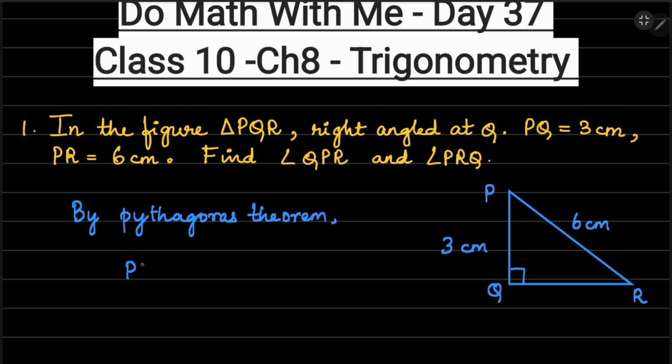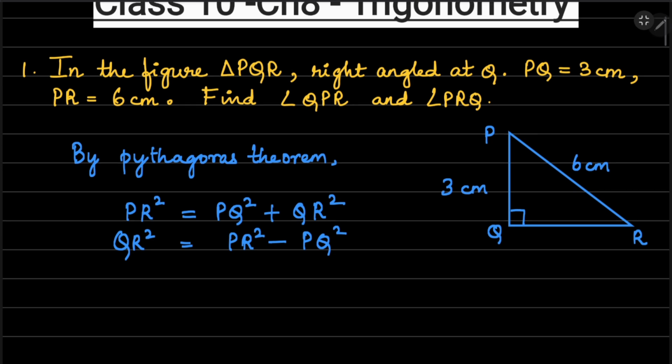we know that PR square is equal to PQ square plus QR square. So QR square will be equal to PR square minus PQ square. Just substitute the value. PR is 6, so 6 square minus PQ, which is 3 square. 6 square is 36, minus 9, 36 minus 9 is 27.